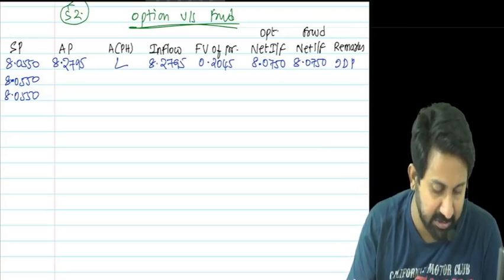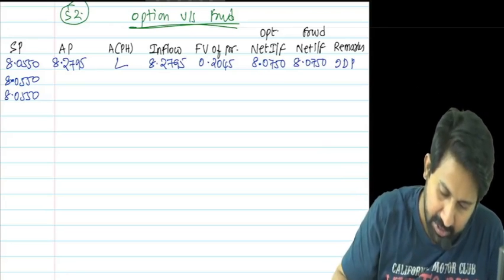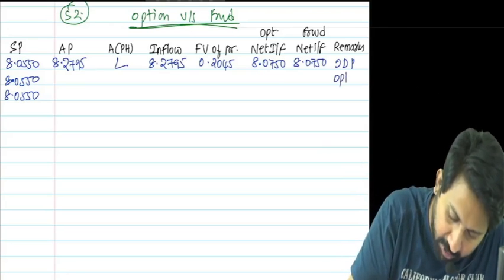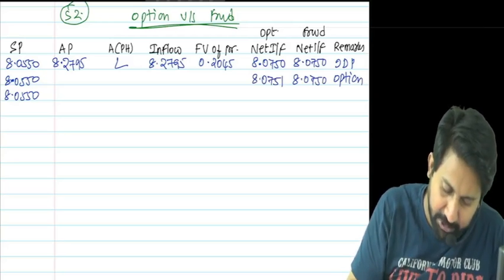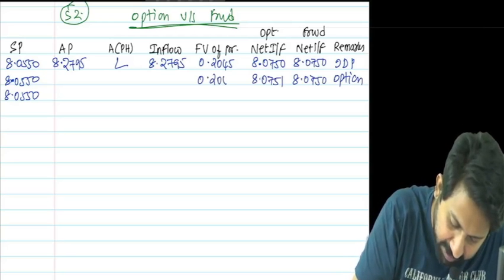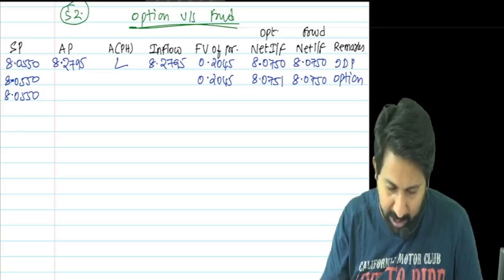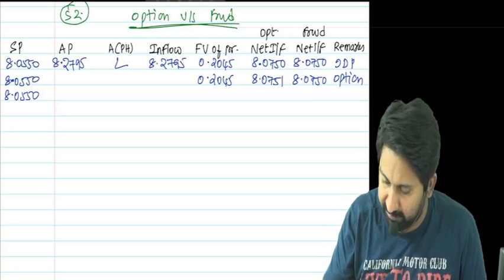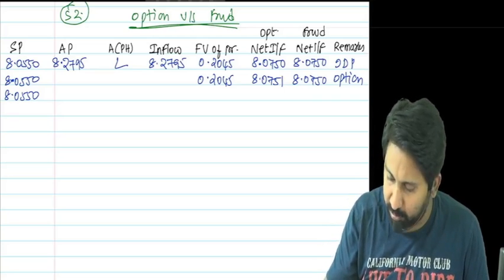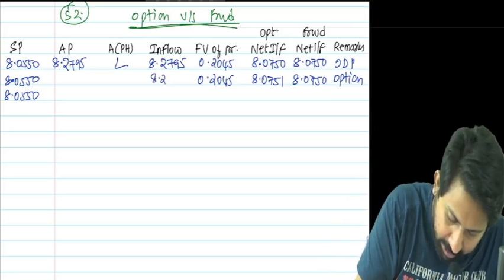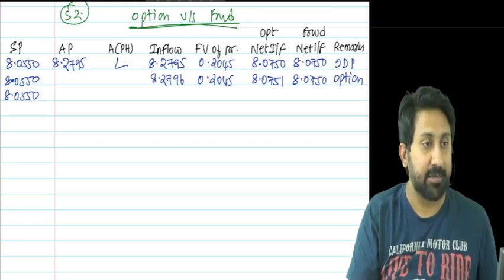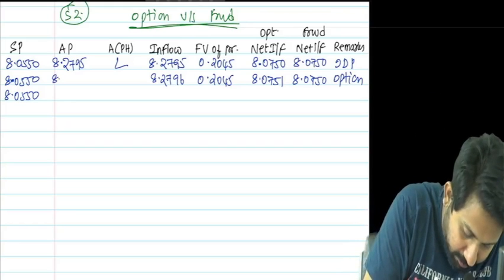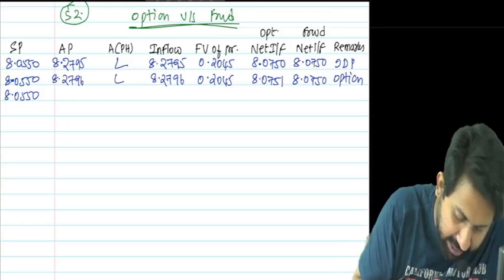Next, second situation: I want the option to be better, meaning 8.0751. Adding the future value of premium, 8.0751 plus 0.2045 is 8.2796, and at 8.2796 you will lapse.